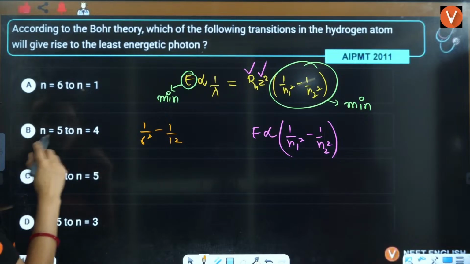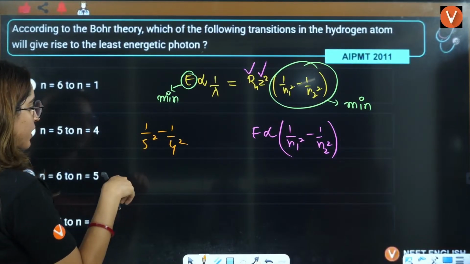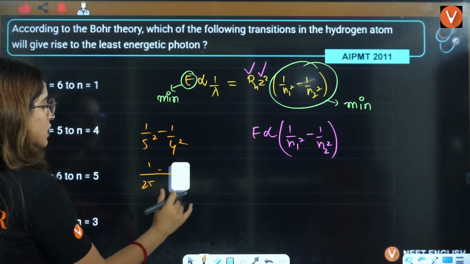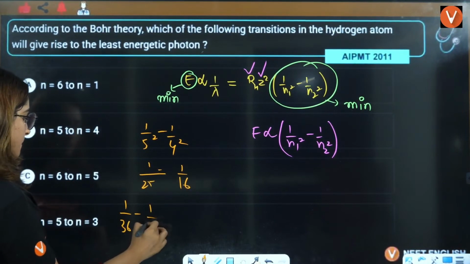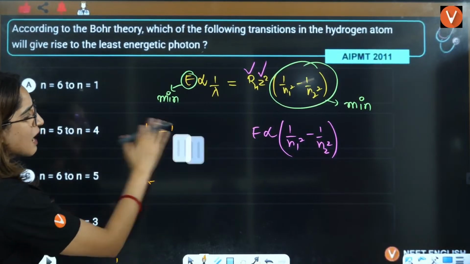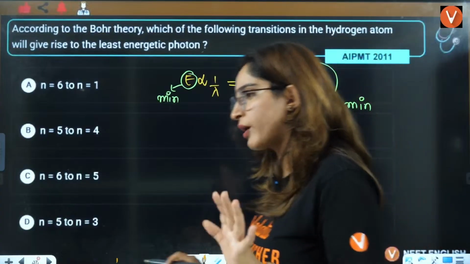If you talk about 1 by 5 square minus 1 by 4 square, right? So 1 by 25 minus 1 by 16. This is 1 by 36 minus 1 by 25. This is 1 by 25 minus 1 by 9, right? So you just have to solve it, and the minimum value of this is going to be your answer, okay?